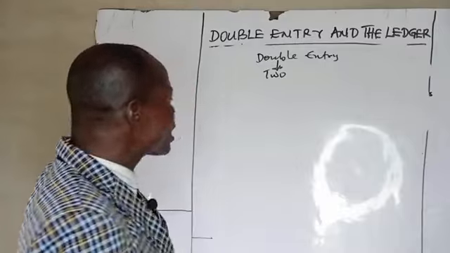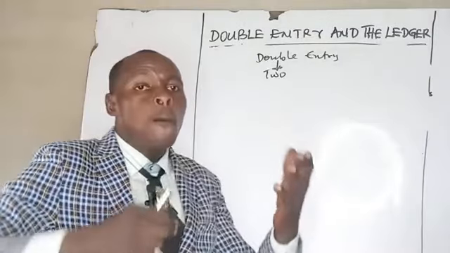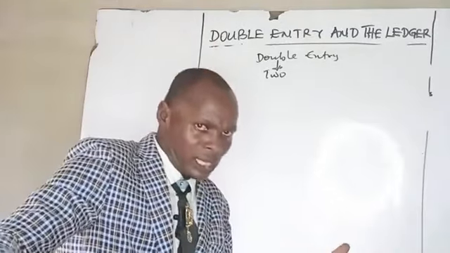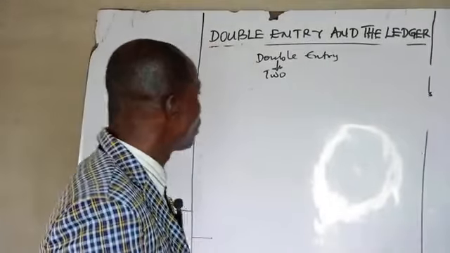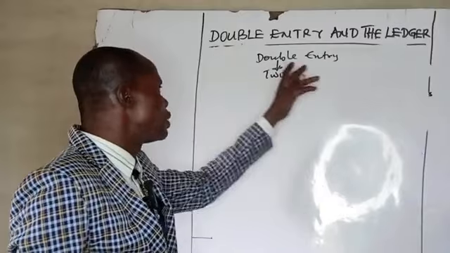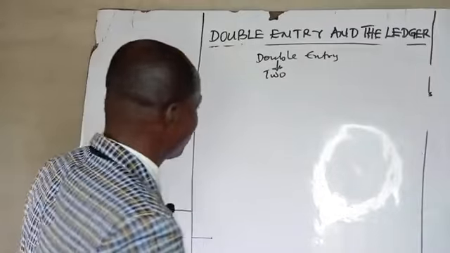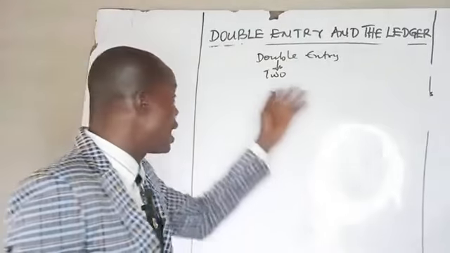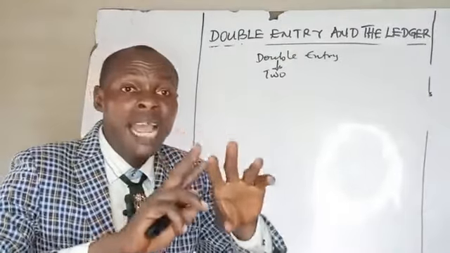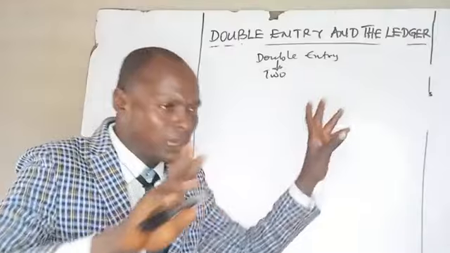So the art of keeping the two-fold effects of accounts is known as double entry. What does this mean? The transactions in accounting will be recorded in two different books.